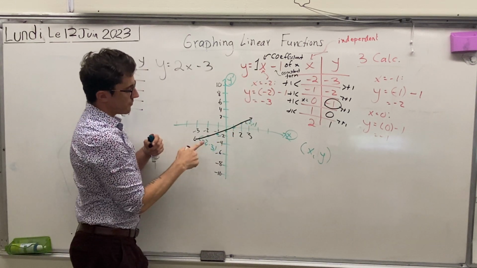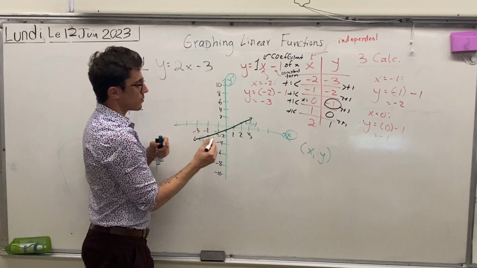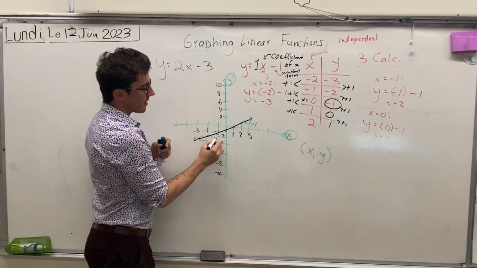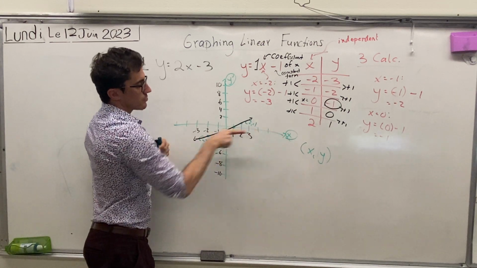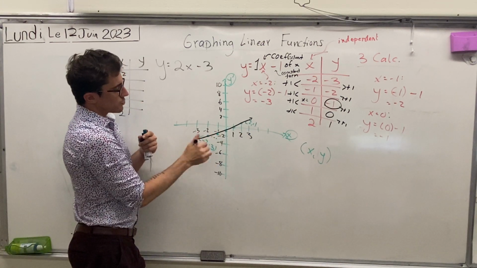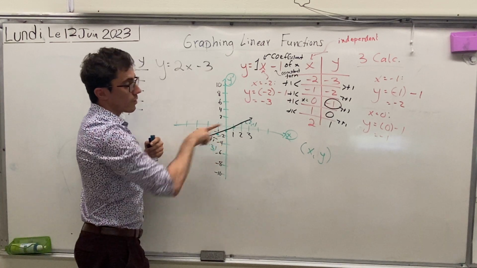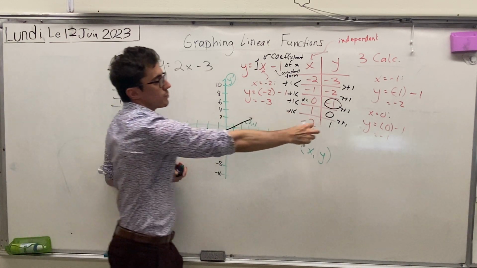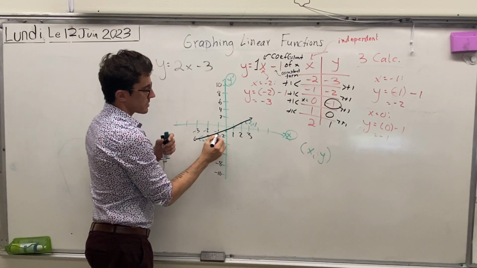And so if we go on from any point on our line to the next one, we're going to go over by 1 in x. That means the x value increases by 1, right? Because the x values are along the horizontal axis. So if we go from x equals -2 to -1, we've increased by 1 in the x direction. Then we also increase by 1 in the y direction. And that's how we get to our next point.